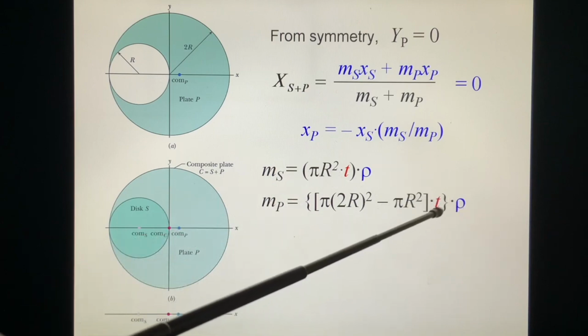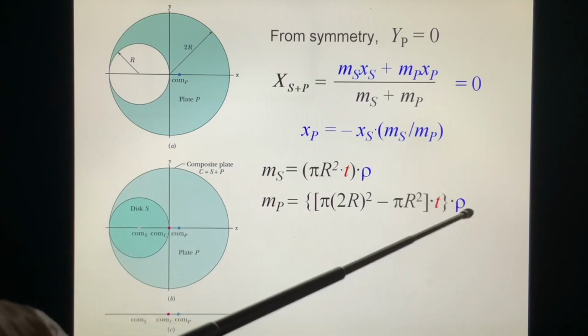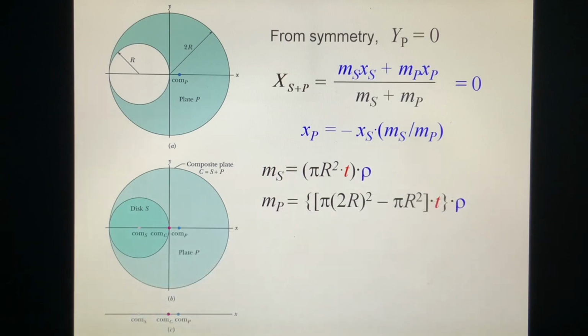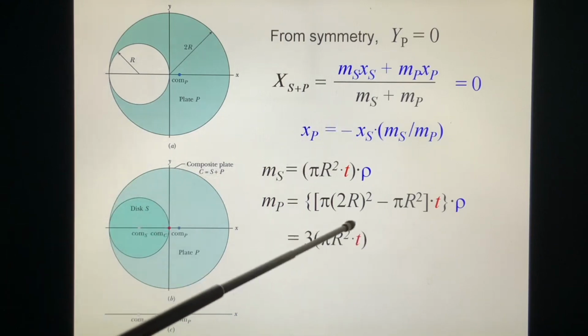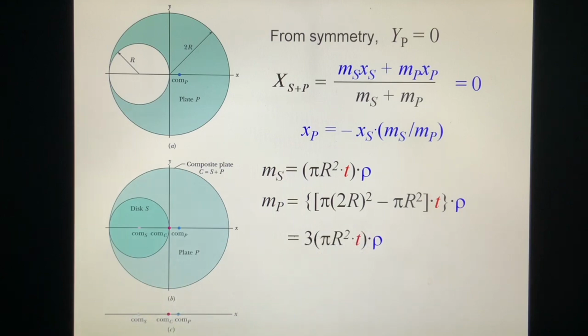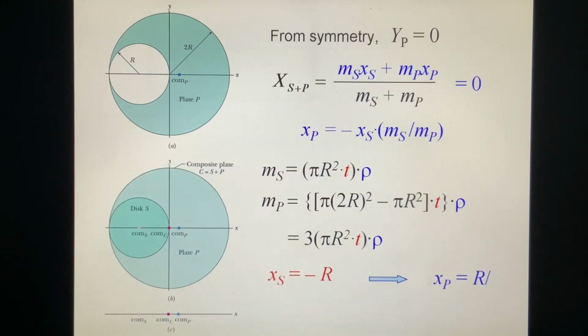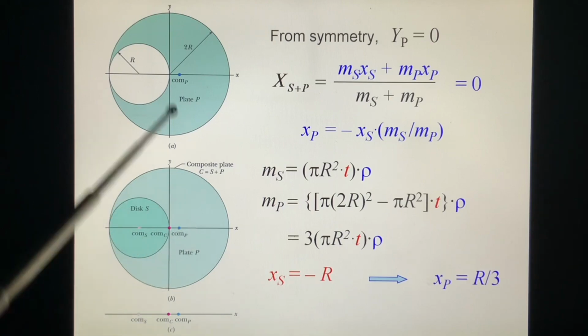We multiply by thickness t to get the volume, and then multiply by the density to get the mass. This is about 3 pi R squared t rho. And xS is minus R. We put these three inside, and we get xP about 1/3 R. Here it is. The plot is a little bit wrong. It should be 1/3.